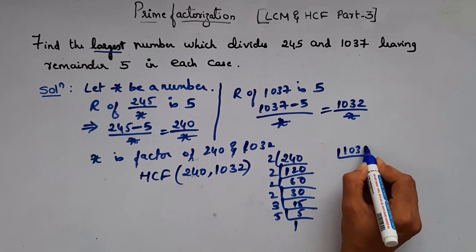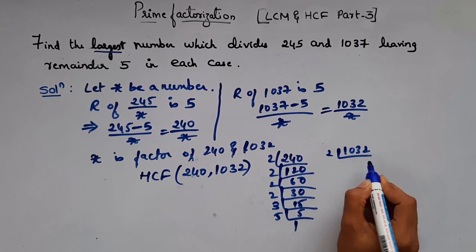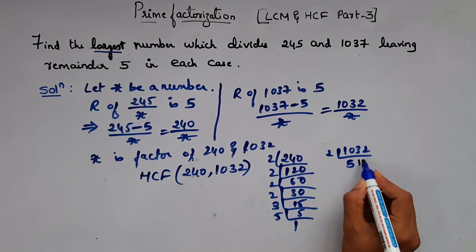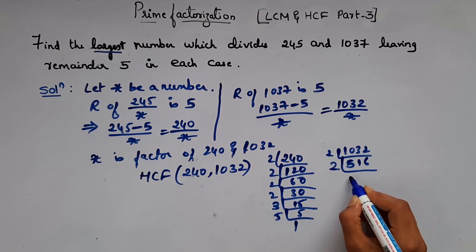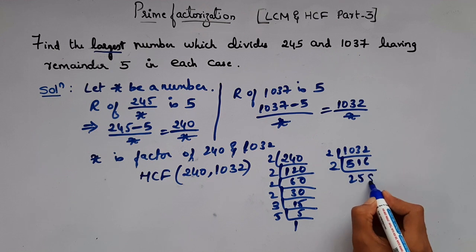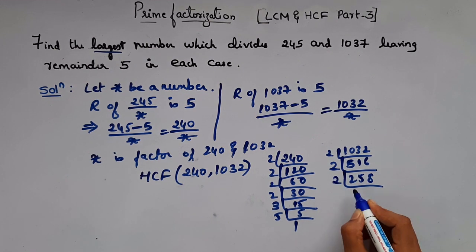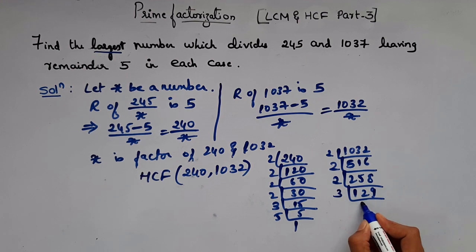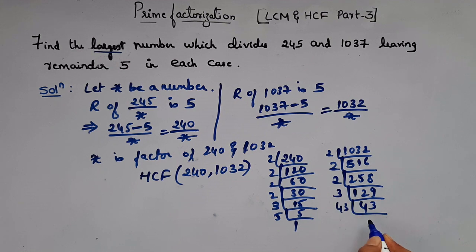For 1032: 2 5s are 10, 2 1s are 2, 2 6s are 12, 2 2s are 4, 2 5s are 10, 2 8s are 16, 2 2s are 4, 2 9s are 18, 3 4s are 12 and 3 3s are 9. So this is a prime number, 43 1s are 43.